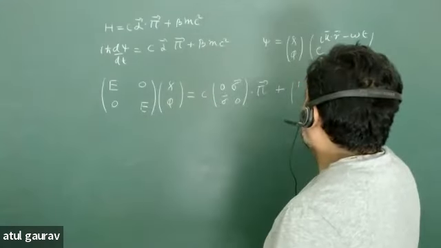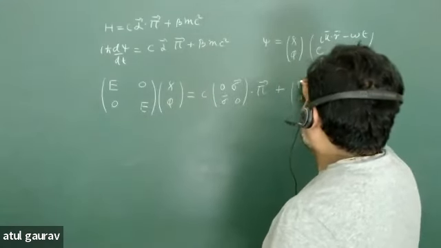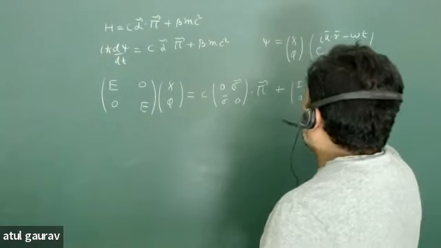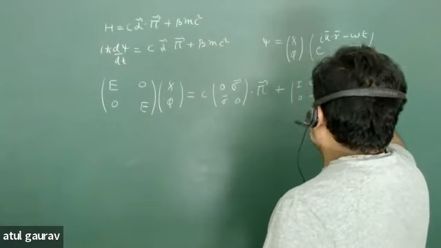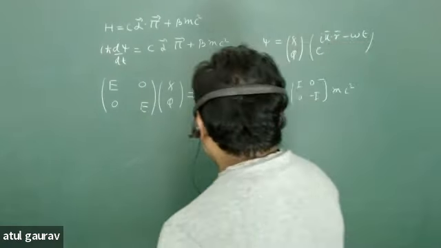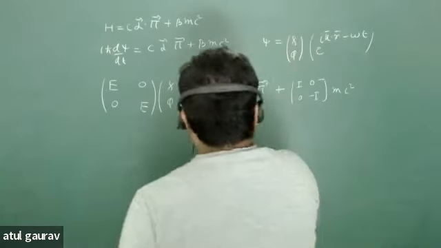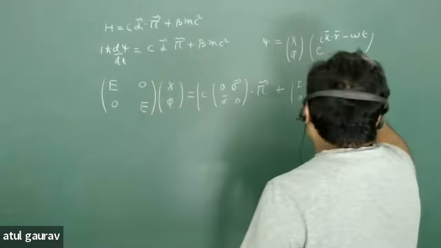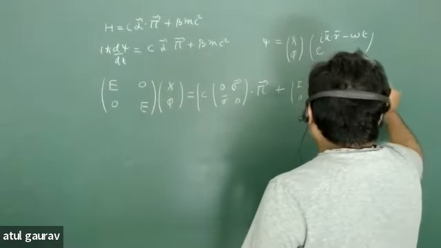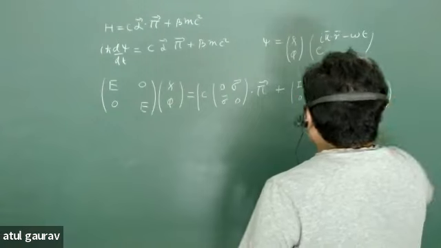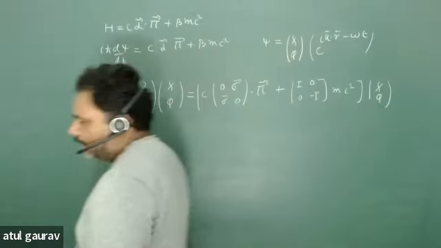Beta is 1 0 0, and this is the identity matrix actually, and the minus value is mc square, isn't it? है ना? And now we can write it, and obviously we have to apply this vector also here.